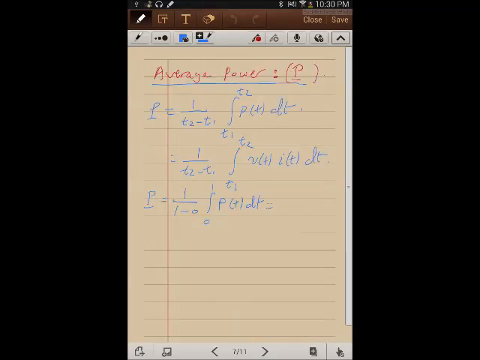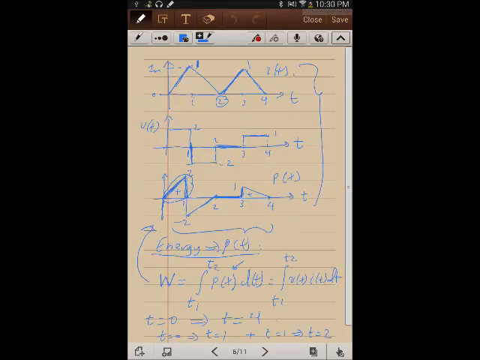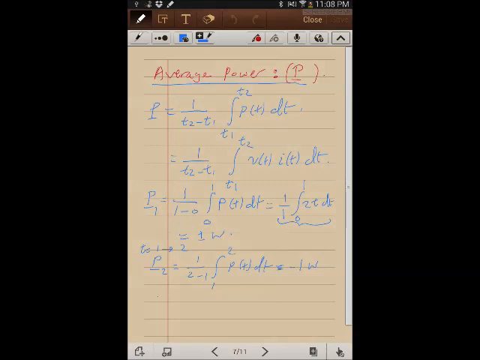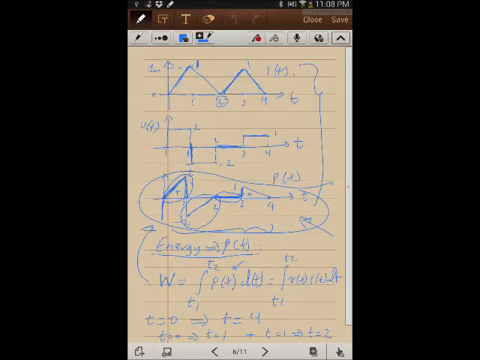Likewise, we will find the average power from t equal to 2 up to t equal to 3, and this tends to be equal to 0 watts since the power is 0 in this period.